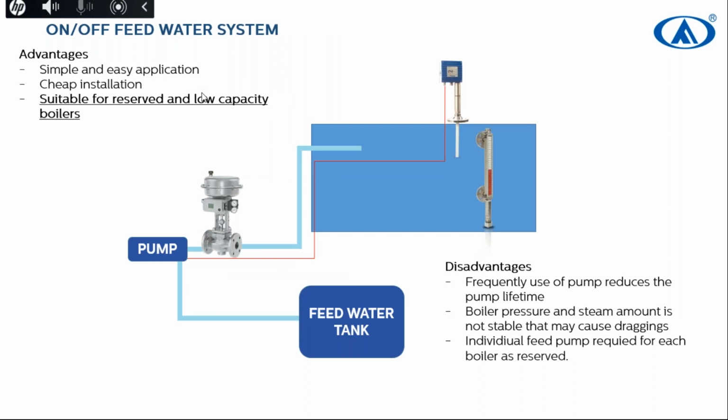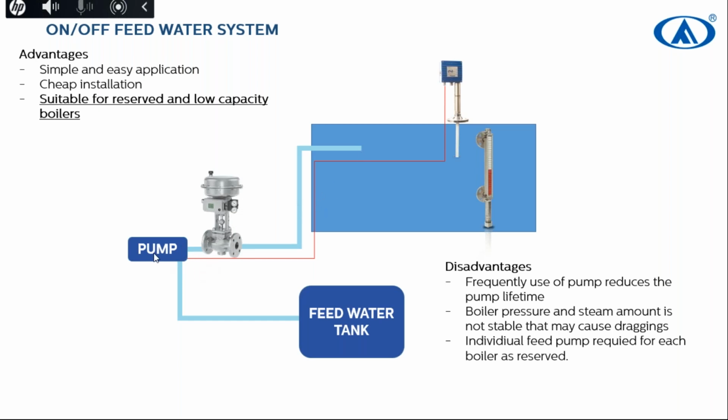But in an on-off feed water system, the pump will start and the pump will turn off. It will be an on-off working period. And it will take signal with 4 probes of level probes. In that case, the control valve will be in use properly, but the pump will be on or off.